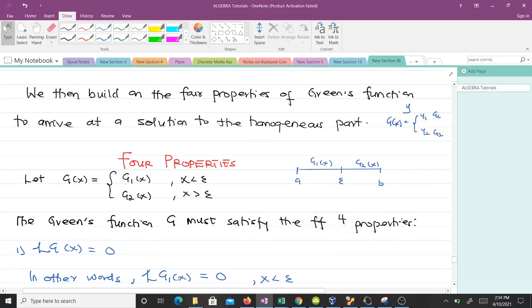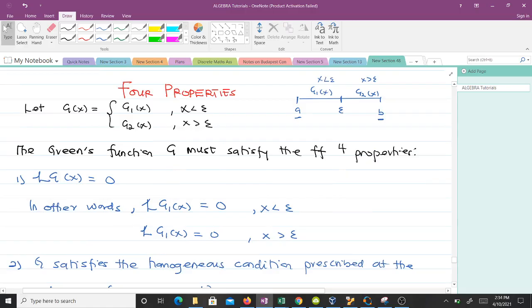That means you're always going to have a piecewise function. Let's say a and b are our endpoints, the boundary, and we have a certain epsilon here, which is the point of discontinuity. For x less than epsilon, we have the function g1 of x, and for x greater than epsilon, we have g2 of x. For g1 and g2 to be a Green's function, they must satisfy these four properties.